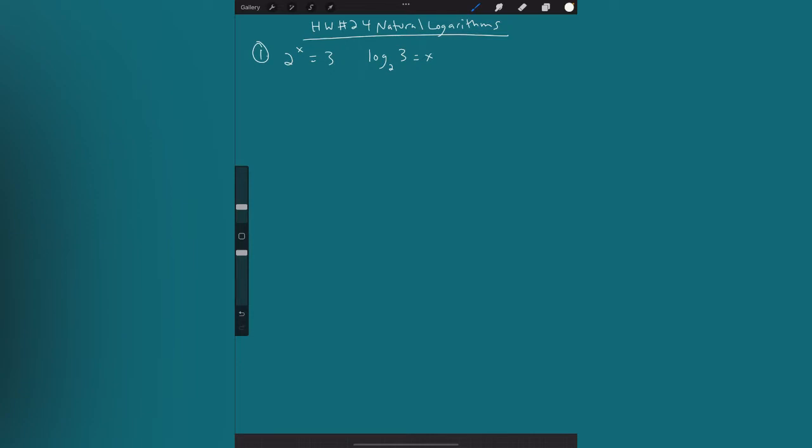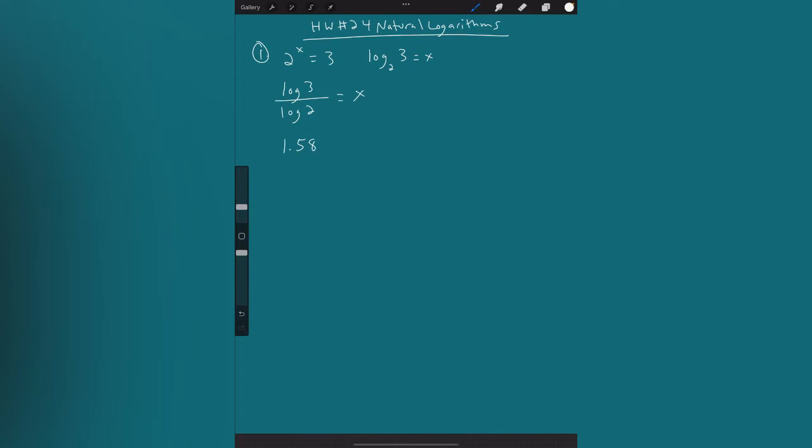And now I can use the change of base formula and say log 3 over log 2 equals x. I'll go ahead and put this in my calculator, log 3 divided by log 2, and I get 1.58.